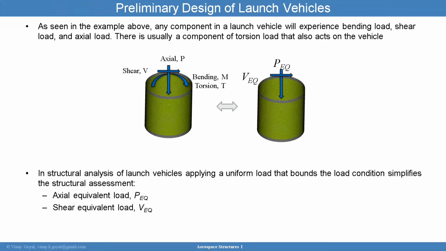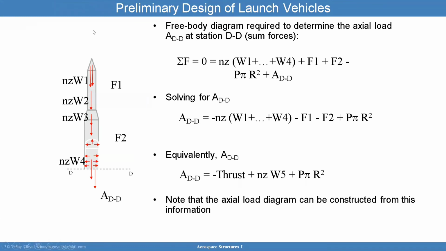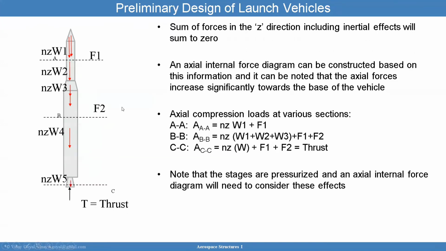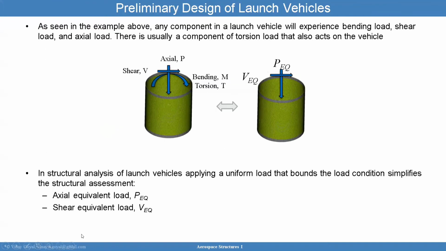So once you have the free body diagram across the whole thing, so doing section cuts, and you get the axial load diagram, the shear diagram, and the moment diagram. Once you have all that information, you can look at every component now.